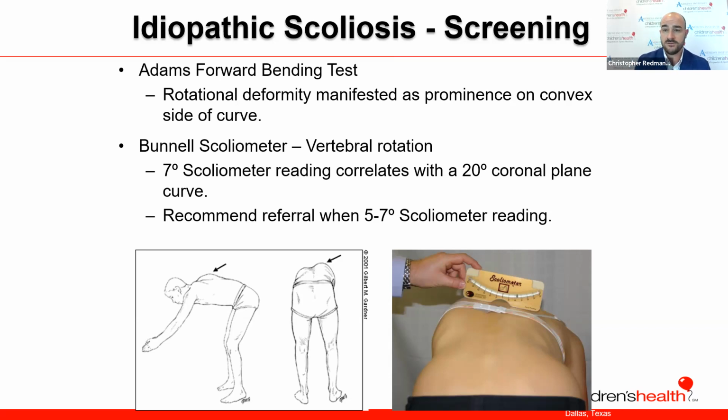Some spines will curve a little bit but twist a lot, and some spines will curve a lot but only twist a little bit. However, if we look at the overall evaluation, about a 7-degree rotary prominence should correlate with about a 20-degree coronal plane curvature. It is recommended that patients with a rotational prominence of greater than 5 to 7 degrees be referred for further imaging in order to rule out a potential curvature.